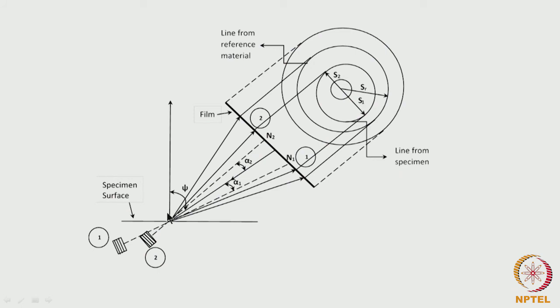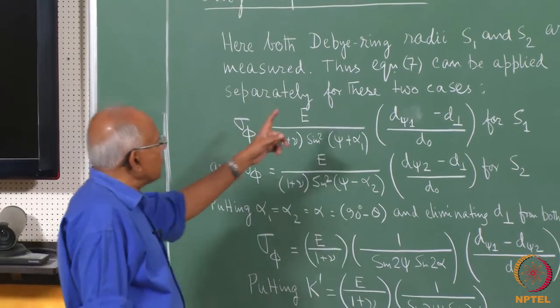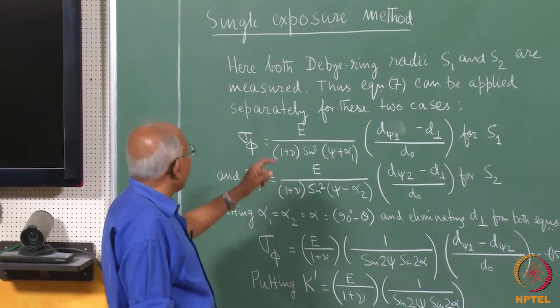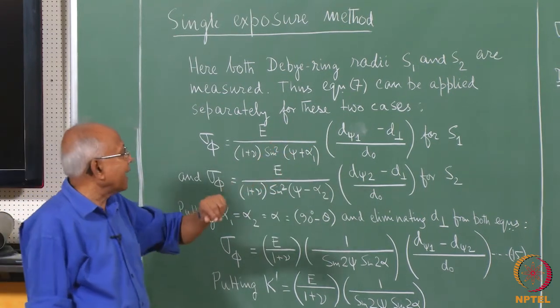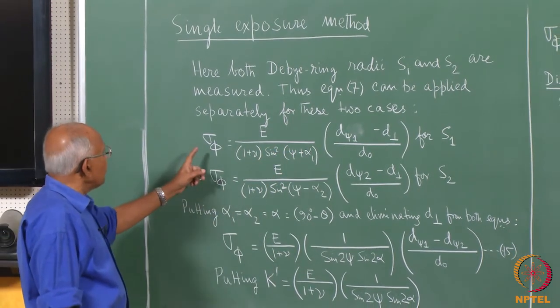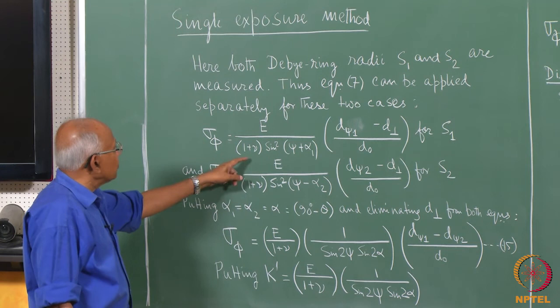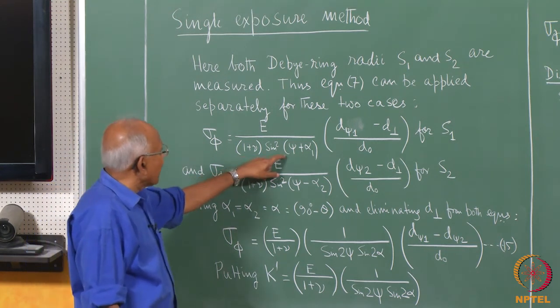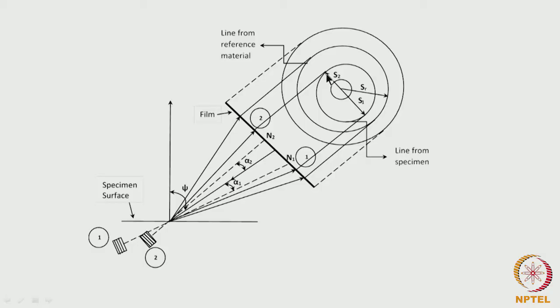So, in this particular method, it is necessary to measure not only the value of S1, but also the value of S2. Now, if that is the case, then equation 7 can be applied separately for these two cases of S1 and S2. Therefore, we can write sigma phi equal to E divided by 1 plus nu, sin square psi plus alpha 1, as we can see here.